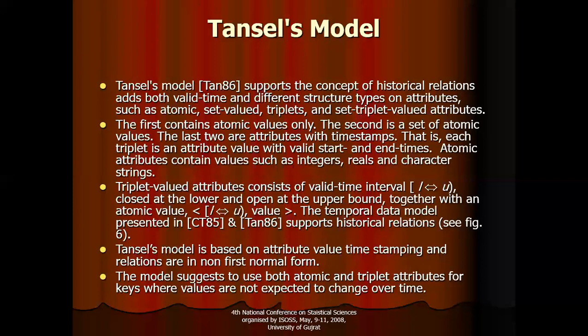When we couple it with the attribute value, there is a violation of the first normal form assumption, because it might have more than one value. If it has more than one value, then sometimes it is difficult to handle in a classical model. So we have to introduce some sort of extension into the model to handle that particular data. The model suggests using both atomic and triplet attributes for keys where values are not expected to change over time.